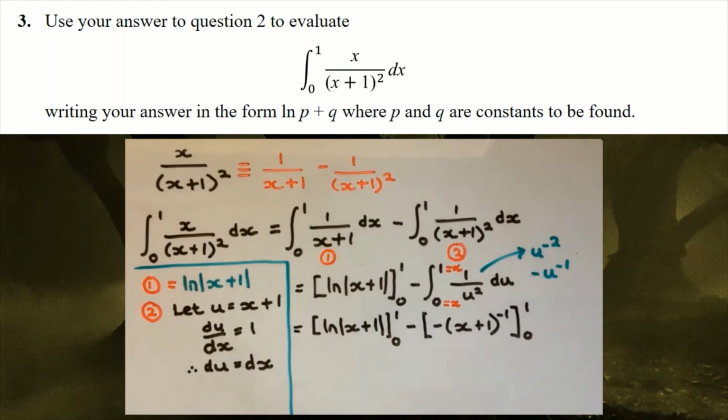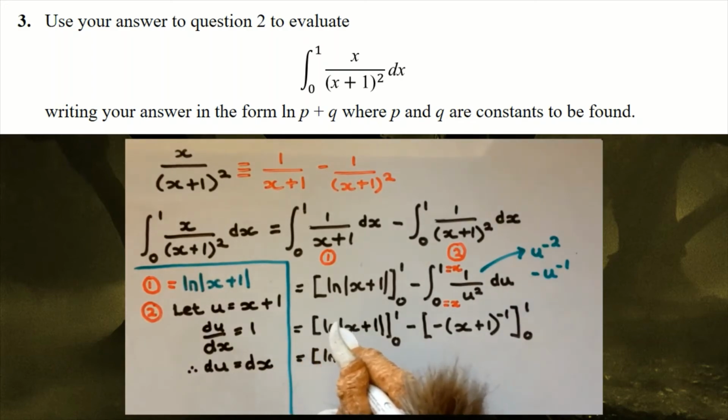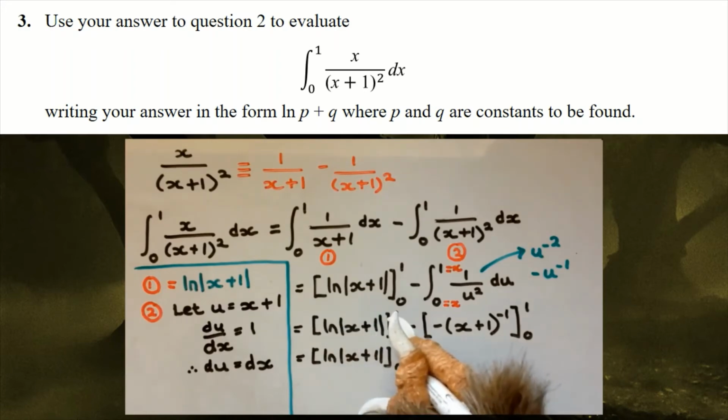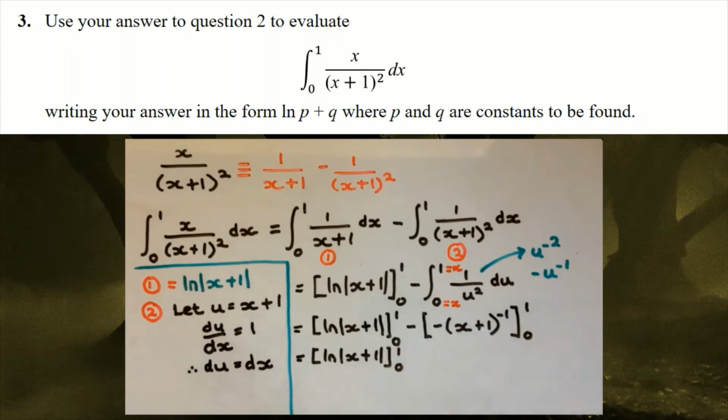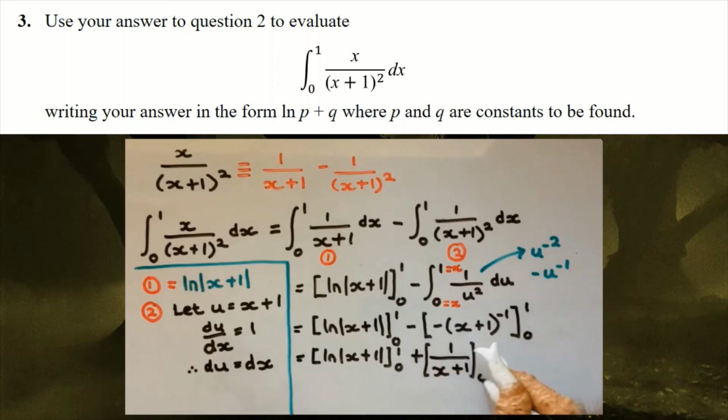Just do a bit of tidying up with some of these indices here. This is going to be the integral of ln of x plus 1 between 0 and 1. And then I've got a double negative there. I can add that now. So that's going to be plus 1 over x plus 1, and this is being evaluated between 0 and 1 also.